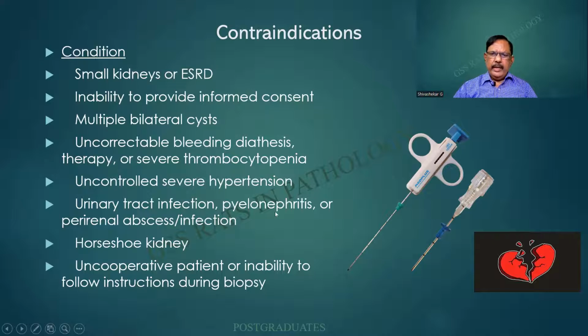Severe urinary tract infection, pyelonephritis. Horseshoe kidney. Horseshoe kidney literally means the patient is having a single functional kidney, which has been united together to form the horseshoe. Uncooperative patient. This is a superb one. Even the earlier one, it will be including all the conditions. So either of these, you people will have to buy.